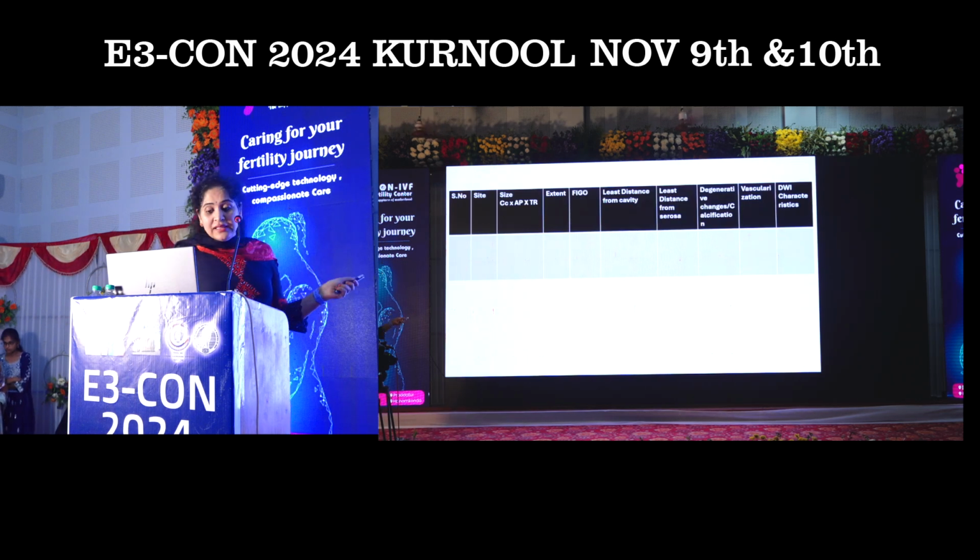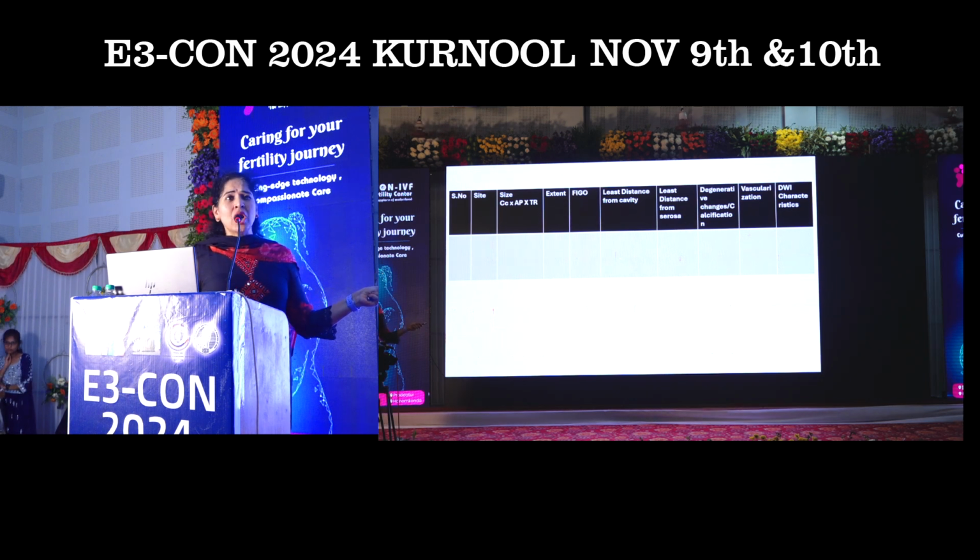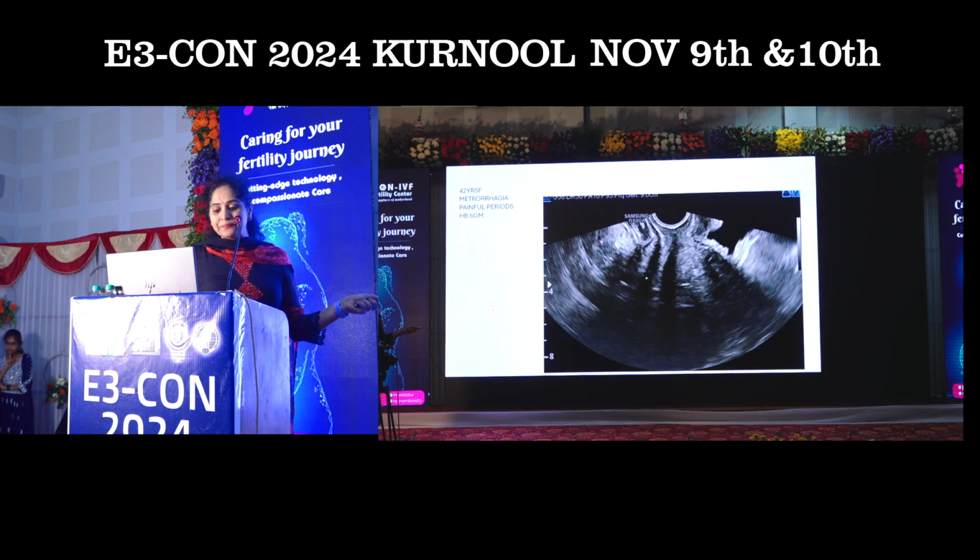So in essence, this is the checklist: number of myomas, size, site, extent, FIGO, least distance from the cavity, least distance from serosa, degenerative changes or calcifications if any, and vascularization pattern. If you feel that the ultrasound characteristics are not typical, you are not defining the edge shadow or the internal shadow, the vascular pattern is too bizarre and is not explaining typical myoma characteristics, you resort to MRI to characterize the signal pattern to establish benignity. So this is the checklist of myoma mapping.